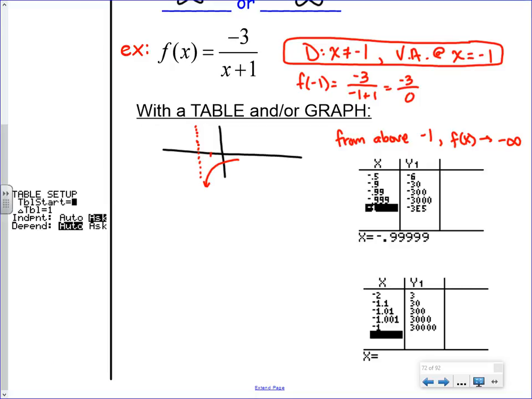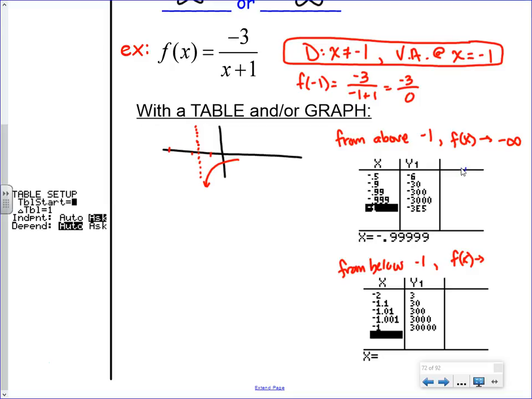What's going on as you look at the table from below -1? If you like it better, you can say from the left of -1. I'm saying from below because its number's lower. Do you see what numbers I'm plugging in to check it? Where's -2? Over there somewhere. Where's -1.1?